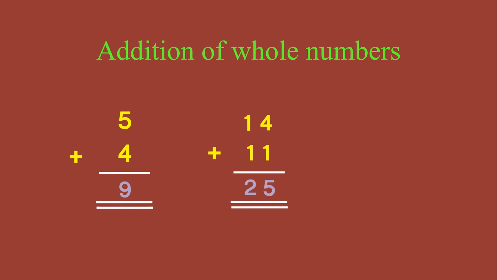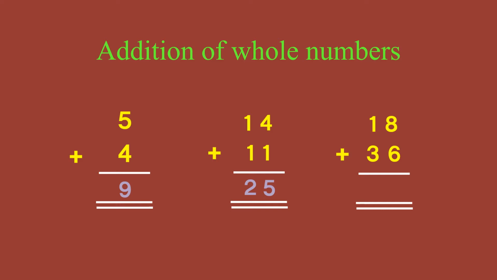Right. Now we know how to add numbers with two places, that means ones place and tens place. So we'll go for another example. 18 plus 36. Right. Once again, the ones places are written together, tens places are written together. So we'll start with the ones place. 18 plus 36.